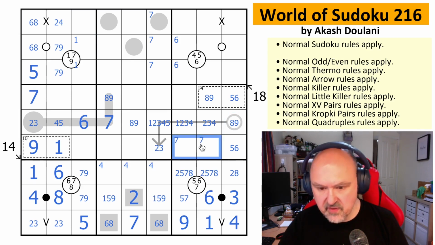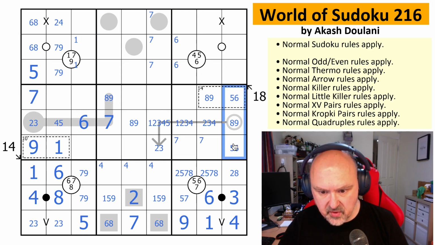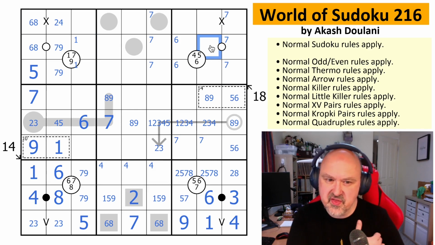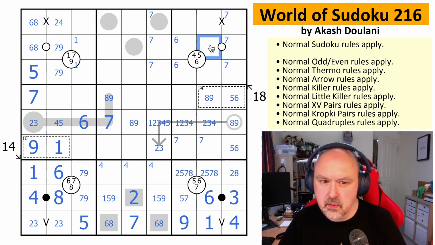Seven now must go in one of those two because of the 7's looking into the box and the fact that it can't be in one of those two. But now we've got 7 here and 7 here. So 7 is in one of those three. 7 there would put 8 there, which I think is still possible.